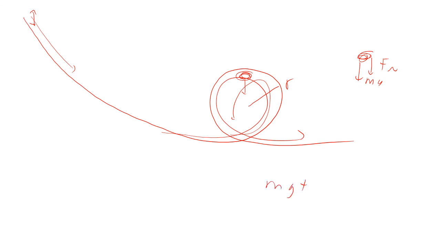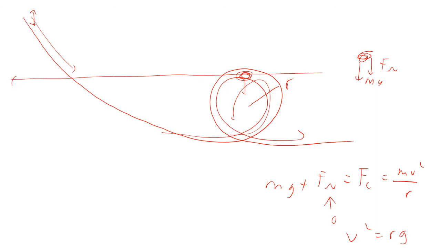So mg plus the normal equals the centripetal force, mv squared over r. The critical case is when the normal is 0. So once again, we have that v squared equals rg after a couple steps of algebra. Once again, if I put my 0 right here and say this is some height h, then mgh equals 1/2 mv squared, and we end up with h equal r over 2 again.